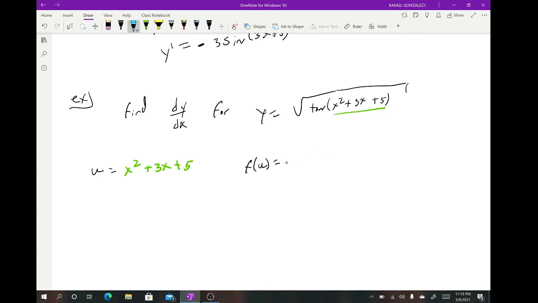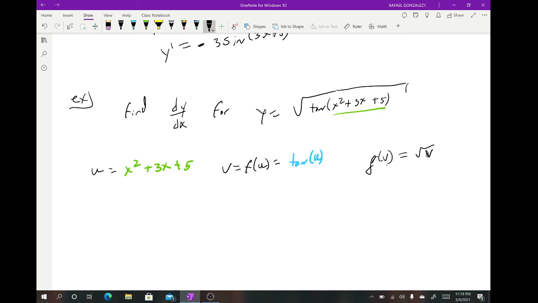So it's going to be tangent of u, and then we have a third function, which I'll call g of v, and I'll call this v. So v is equal to f of u, which is equal to tangent of u.